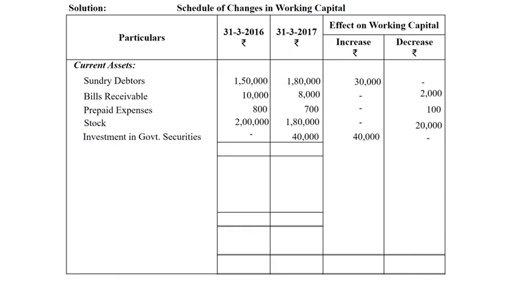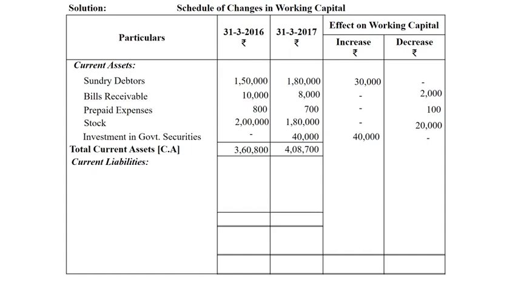While totaling up, do not total the increase column and decrease column, only the amount columns of the years, to find out current assets. Total current assets equals 3,60,800, the total of 1,50,000 plus 10,000 plus 800 plus 2 lakhs. Then second year 4,08,700. So this is how current assets are presented. You need not total up the increase column and decrease column here.